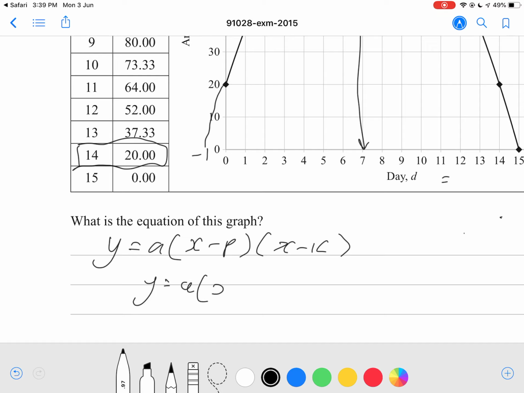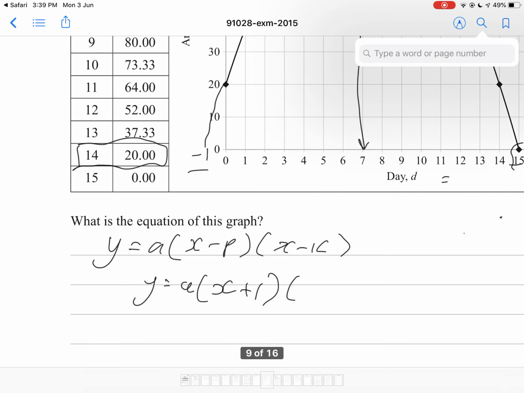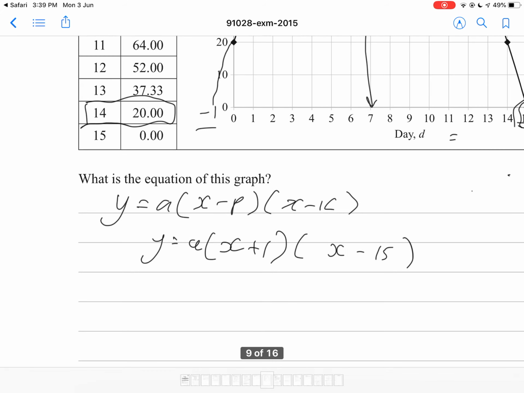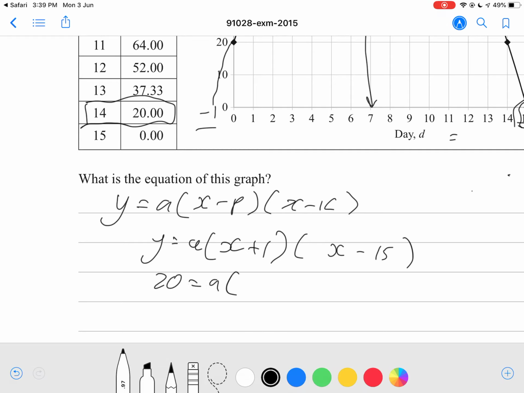So y equals a(x...), because our intercept is negative 1 and it's minus p, a double negative will make a positive, so it becomes x plus 1, and then this is our other x-intercept here, so we're going to say x minus 15. We're going to substitute a random point. We'll substitute the same point. So 20 equals a(14 plus 1)(14 minus 15).